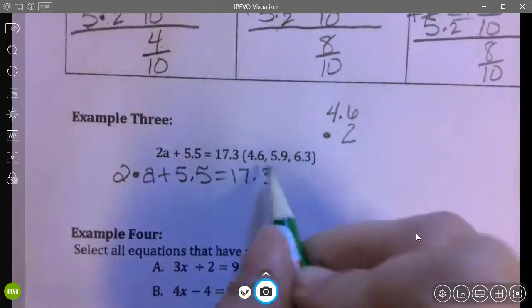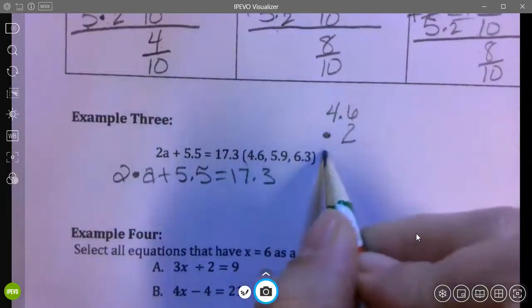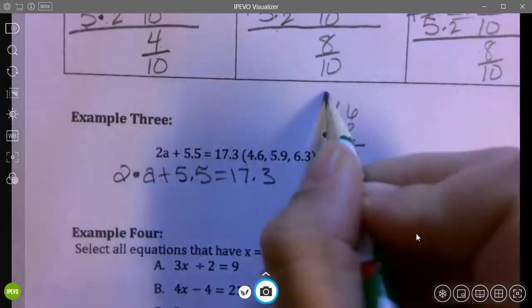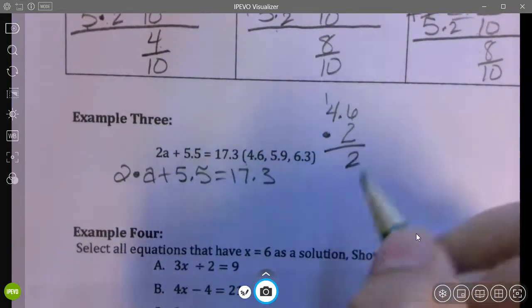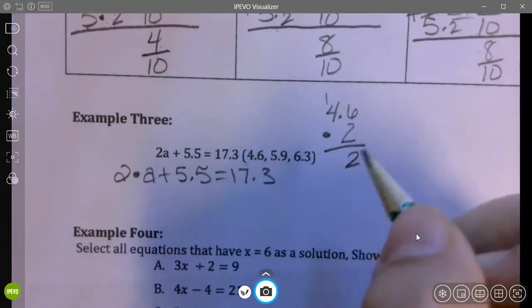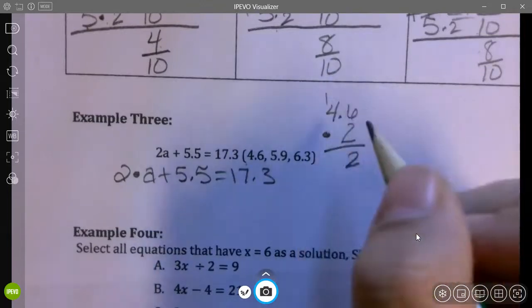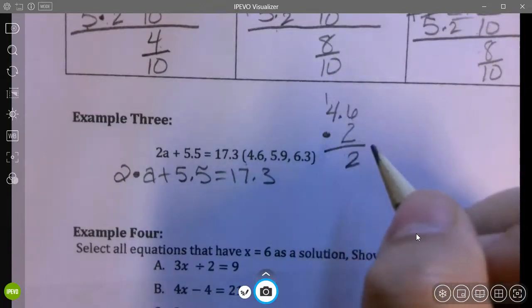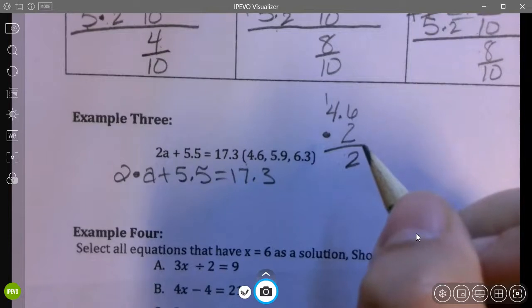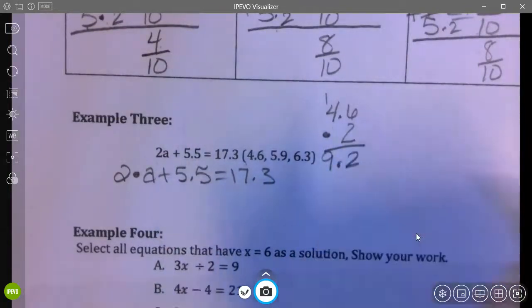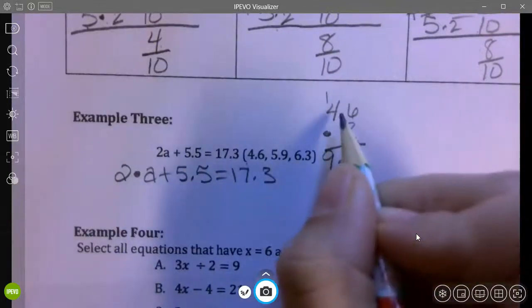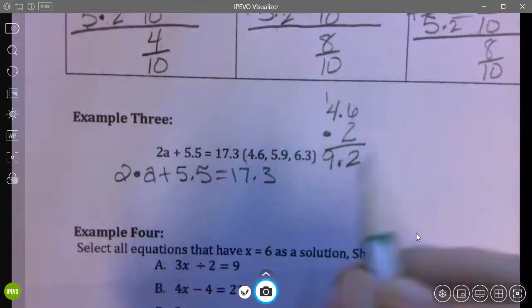So I'm going to say 4.6 times 2, which is going to give me 12, and then I carry my 1, of course, and then 8. 2 times 4 is 8, and then I add my 1. It's going to give me 9, and I add 1 place behind my decimal, so I'm going to keep it the same way.